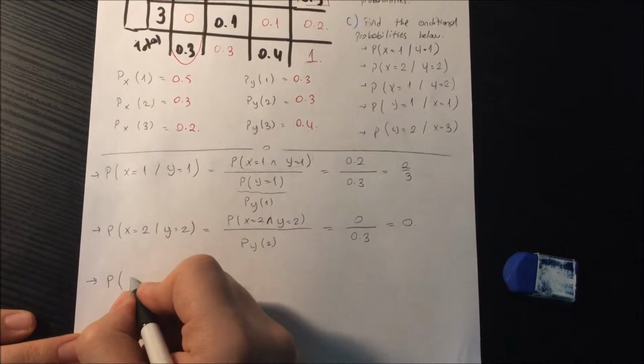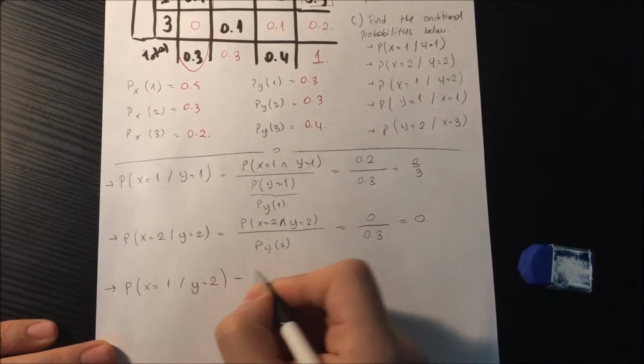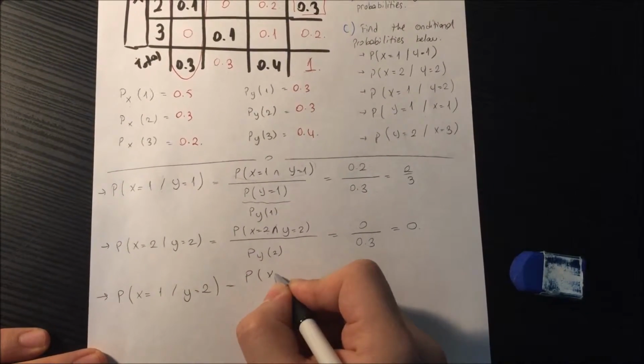P x equals 1 given y equals 2 is the same thing.